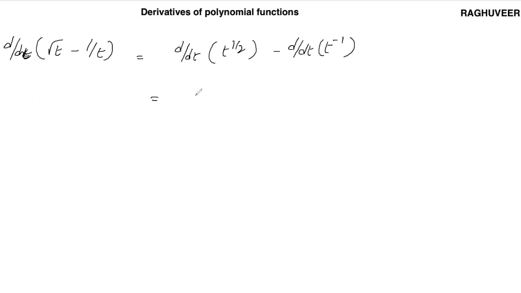So t to the power of half gives half t to the power of minus half, minus minus t to the power of minus 2, or we can write this as 1 by 2 root t plus 1 by t square.